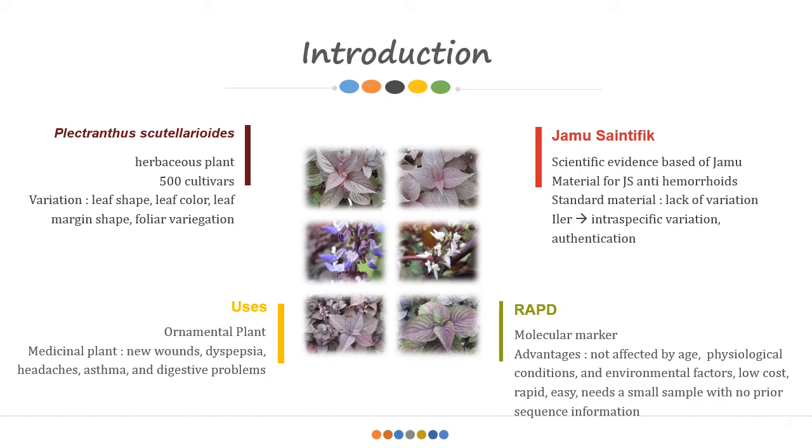RAPD is one of the molecular techniques that has been successfully used to study genetic diversity and authentication in plant species. RAPD has several advantages: it is not affected by age, physiological condition, and environmental factors. Also, it is low cost, rapid, easy, and needs a small sample with no prior sequence information.